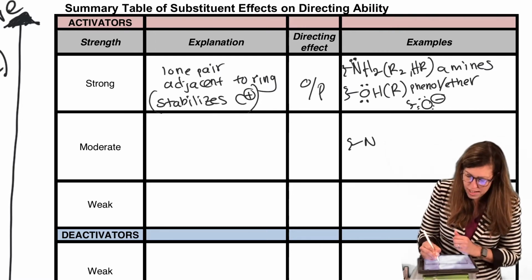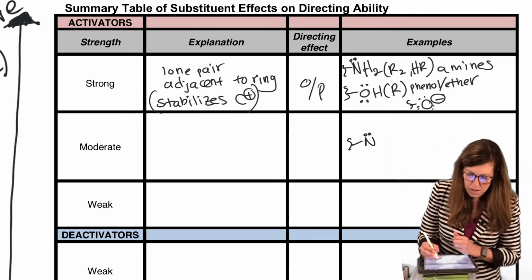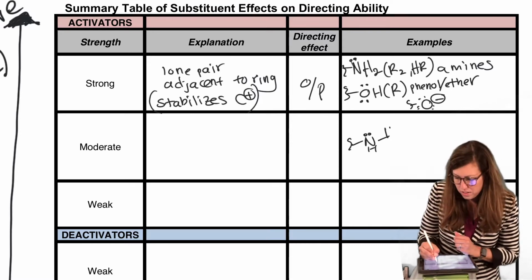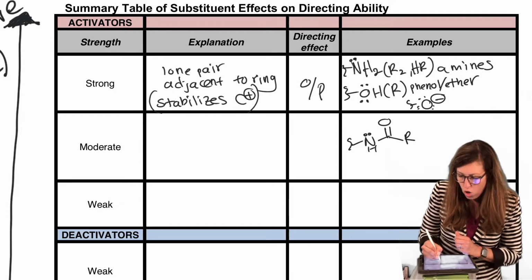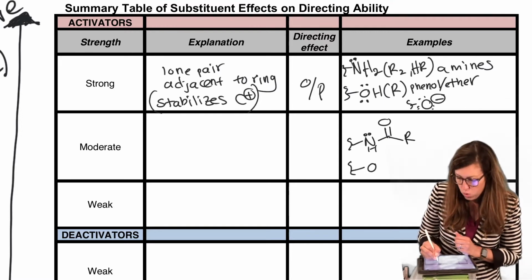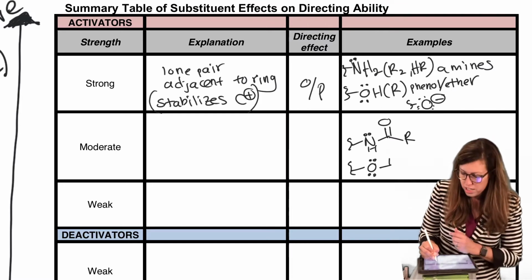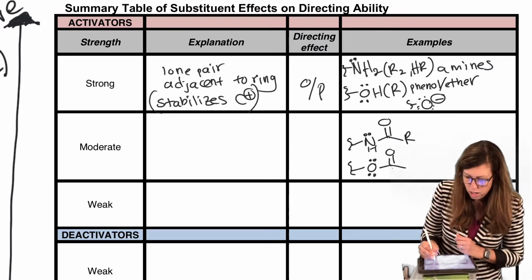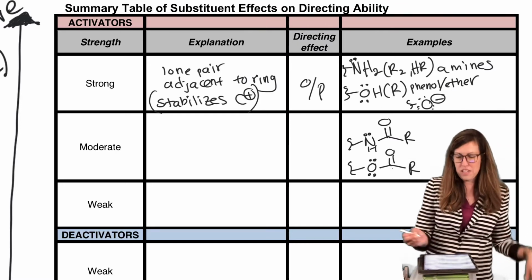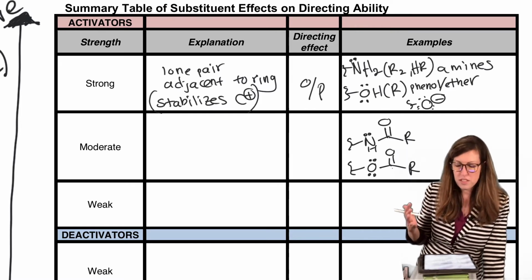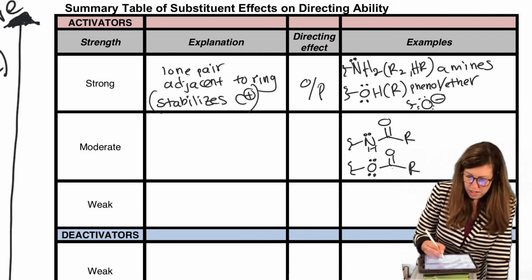That would be the amide case, where the nitrogen H is attached to the ring, but on the other side there's something a little electron withdrawing, like a carbonyl. Or an ester attached at the O. At first, it looks electron withdrawing until you draw on that carbonyl, and you say, oh, well, it's got some business on the other side, pulling away, competing with it, but it's still considered a moderate electron donating group.